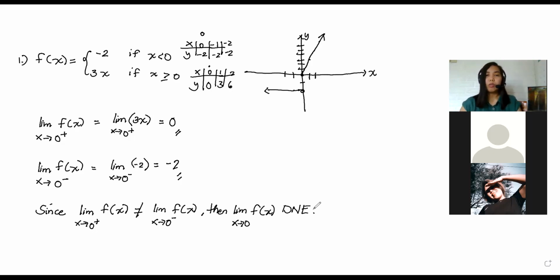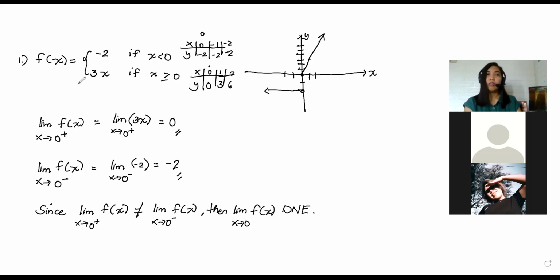So how do we know if the limit of the given piecewise function exists? Check if the limit of f of x as x approaches a from the right exists, check if the limit as x approaches a from the left exists, and check if they are equal.